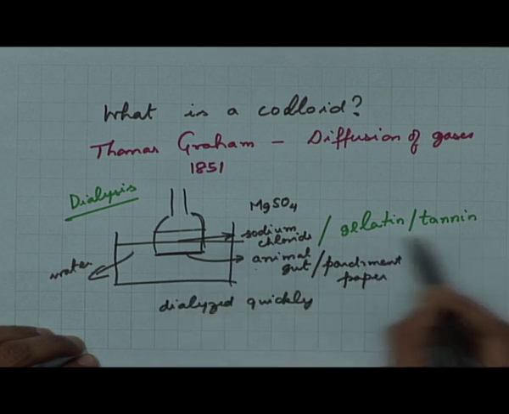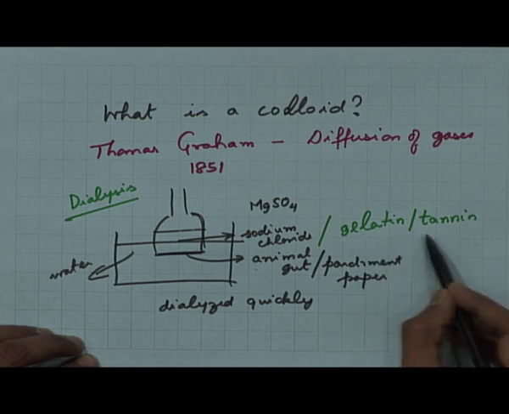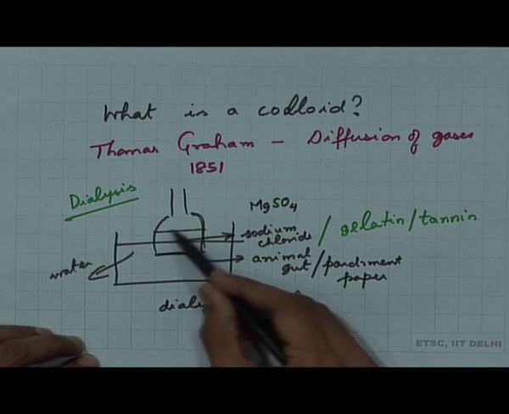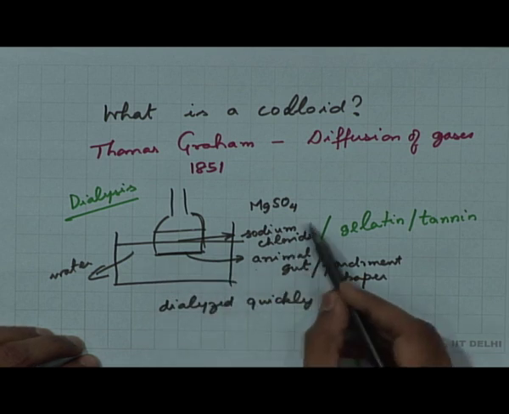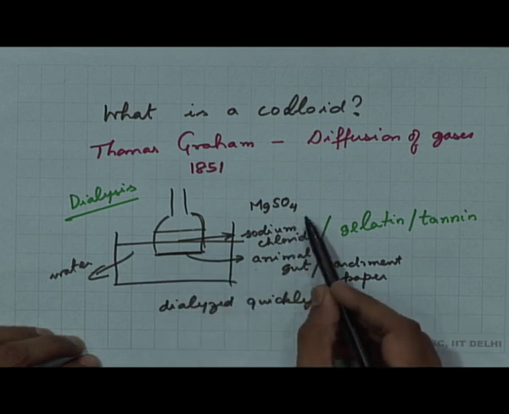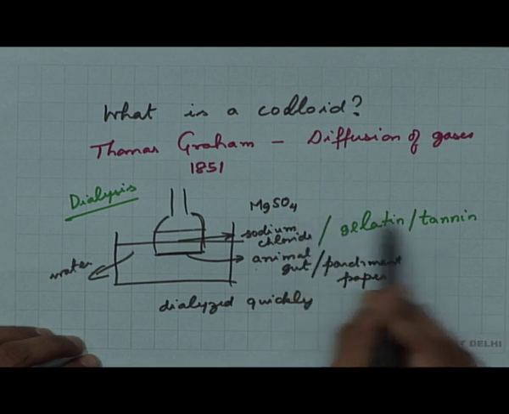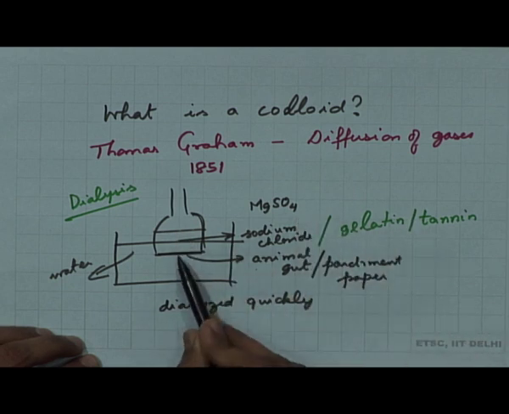Whereas when he considered other things like gelatin, tannin, etc., these things did not go from here into this. So, he thought there was something strange in the way these two kinds of things behaved, some difference in the way they behaved when they did this.